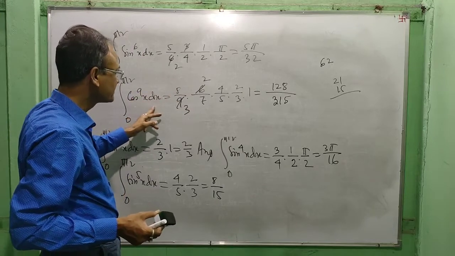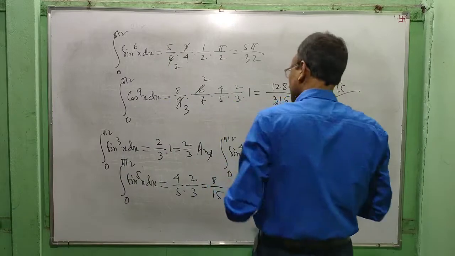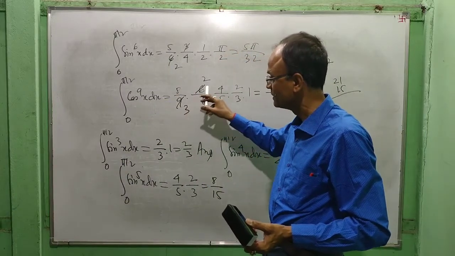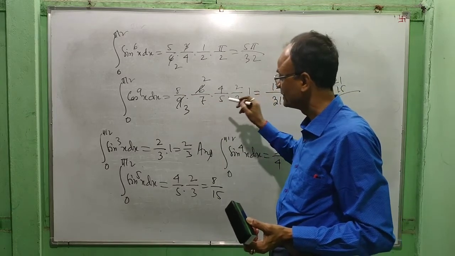Integration of cos to the power 9x dx. Without integrating, you may find the value. The value will be equal to 8 by 9, 6 by 7, 4 by 5, 2 by 3, 1.